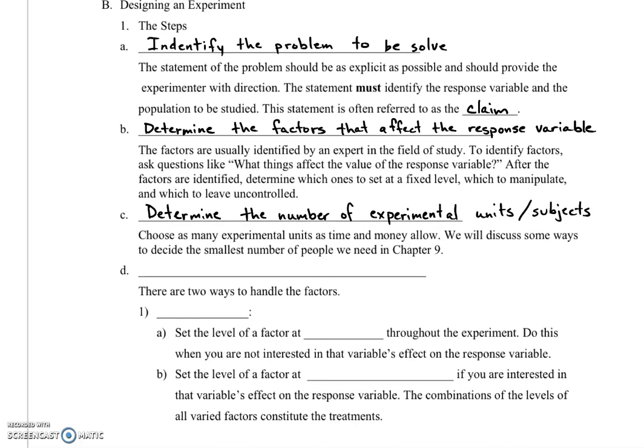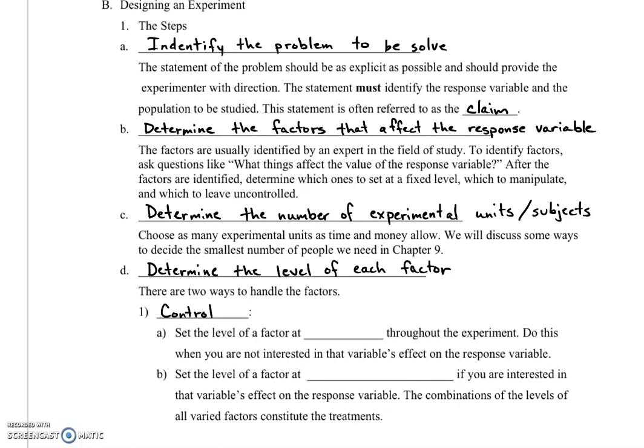So the next step then is determine the level of each factor. So there are two ways to do that. One is control.